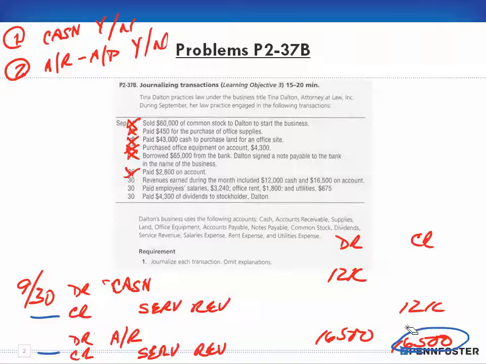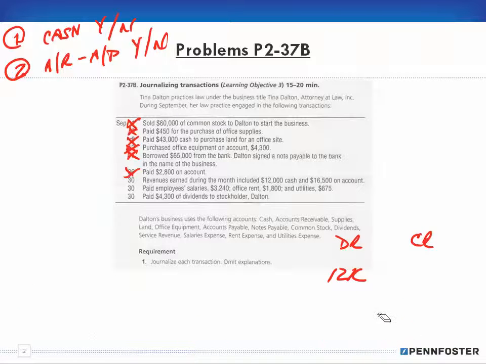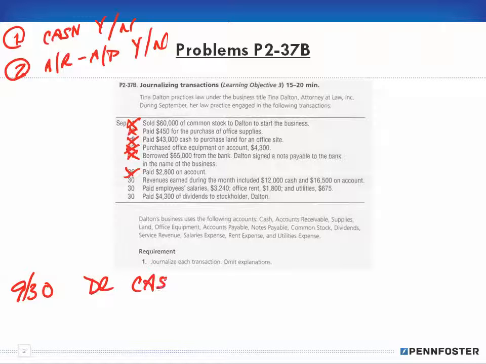Okay, so if this is my 2 entries, and I'm combining them together, you just saw me make the entry, and actually I'm going to erase all of this and write the 1 entry. This is what the 1 entry would look like. So I would have a debit to cash, this is the debit, and this is my credit column, for 12,000.